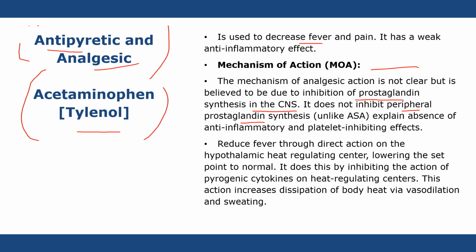What do I mean by that? Remember, we talked about the role of prostaglandins in the central nervous system, that it can cause pain, right? So if we are going to inhibit prostaglandin in the central nervous system, we are going to minimize registration of pain, right? It will not treat the cause, though.